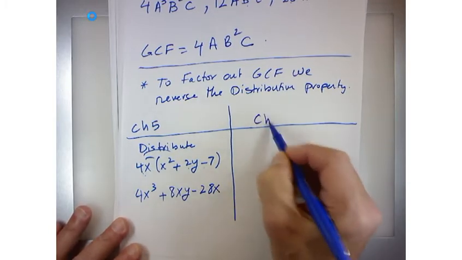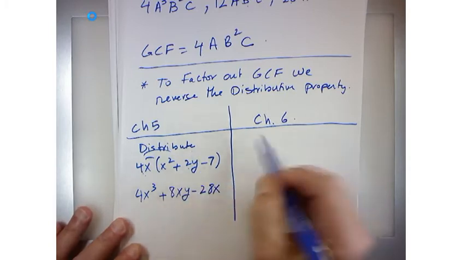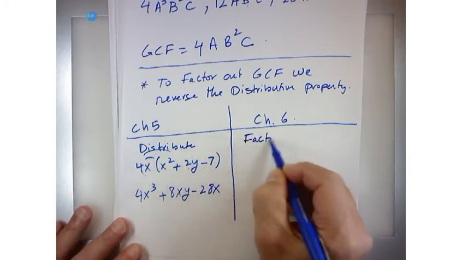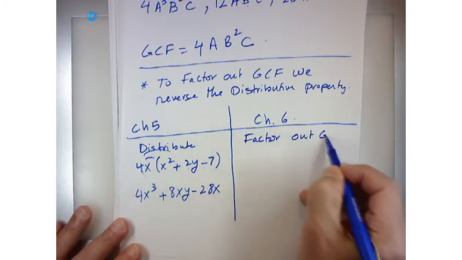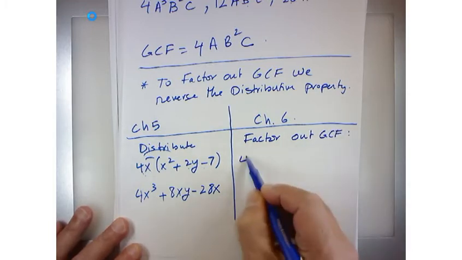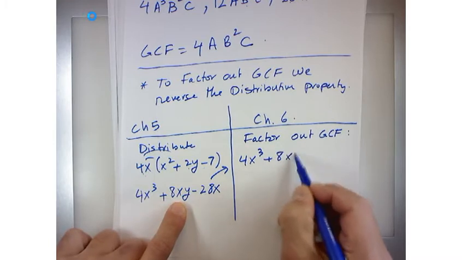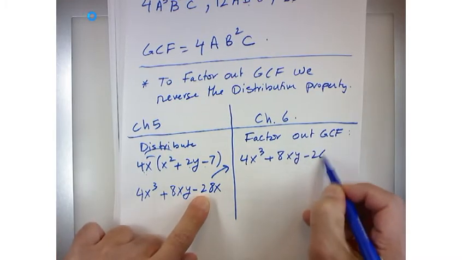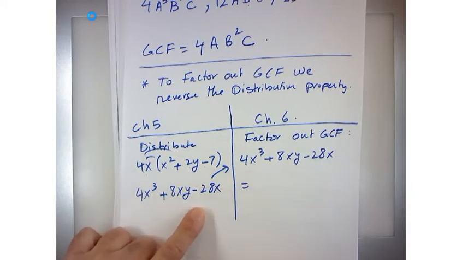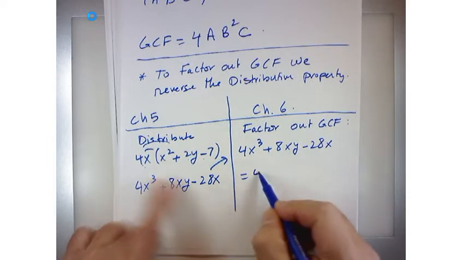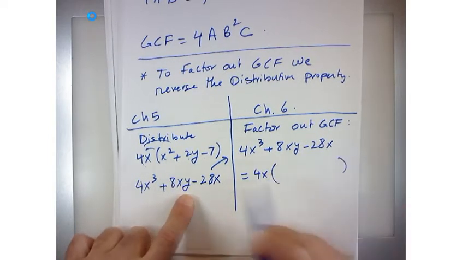In chapter 6, we're going to reverse that. So if we want to factor out the greatest common factor, and we're given this, 4x cubed plus 8xy minus 28x, the first step is to find that GCF, which is 4x, and then instead of multiplying, we divide.